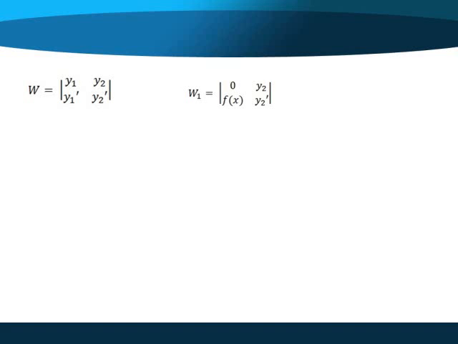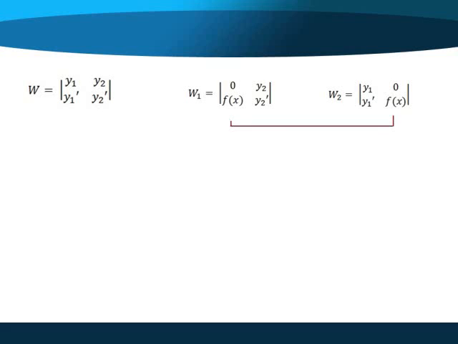For our w1, we substitute the first column. Instead of writing y1 and y1 prime, we change it to 0 and f of x. As you remembered, this is what we call your Cramer's rule. Same thing goes for w2. The only difference is that we now substitute 0 and f of x on the second column, leaving the first column as it is in the original.